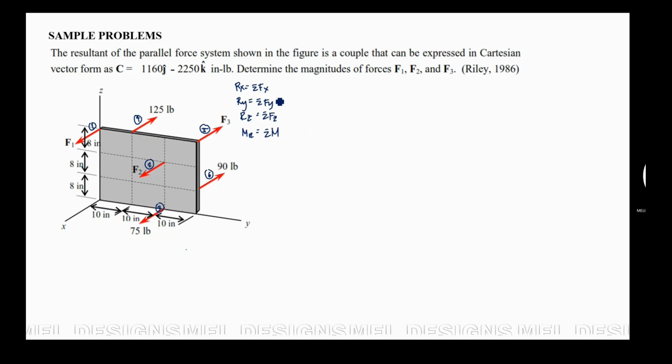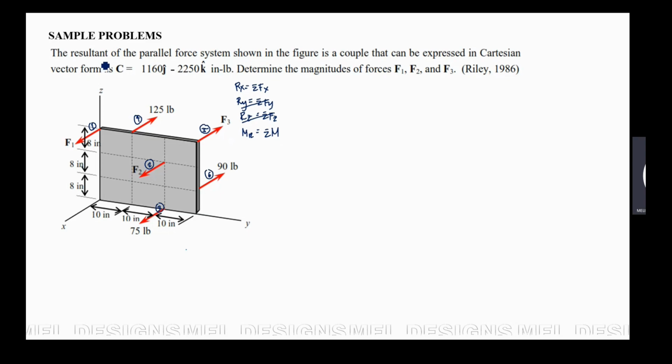Okay. Dito, sa ating illustration, makikita natin na all the forces are in the direction of x. Kaya pwede na nating i-neglect yung ating y tsaka yung ating z. Okay, so we are left with the resultant x and then the summation of moment.